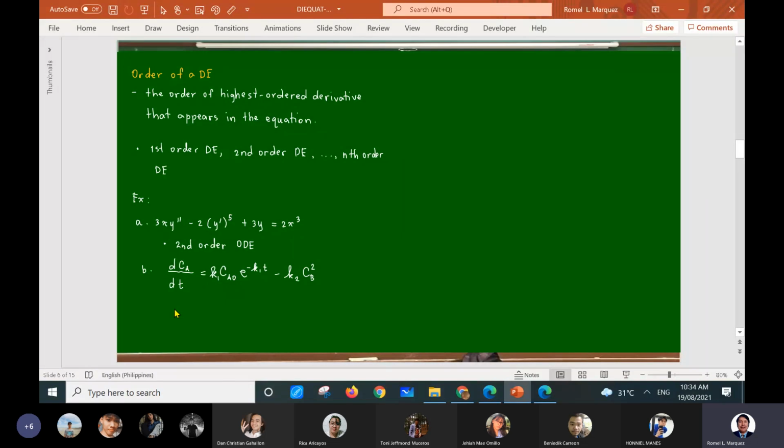What can you say about this differential equation, guys? What is the highest derivative? You have to be careful. You have to distinguish exponent from the order. What's the order of that, guys? Anyone?